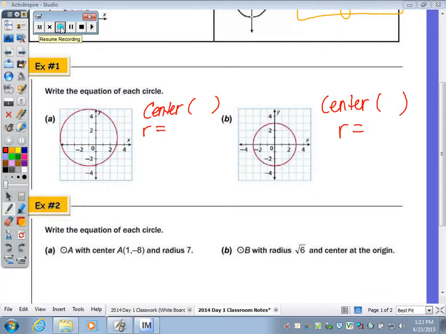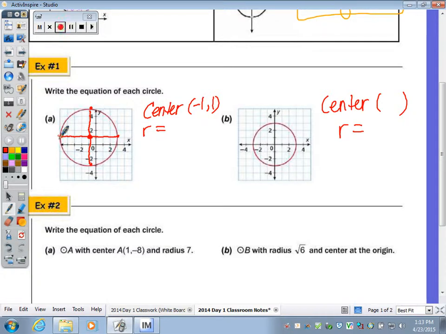The center for this one is -1, 1, with a radius of 1, 2, 3, 4. Notice you can count right, you can count up 1, 2, 3, 4, you can count left 1, 2, 3, 4, and you count down 1, 2, 3, 4. And that's how we actually graph. We graph by plotting the center and then these 4 points to draw the circle.